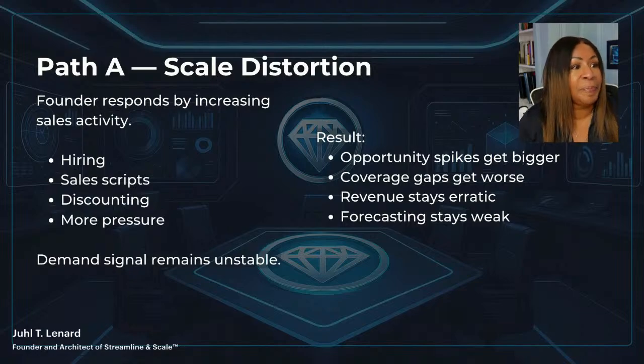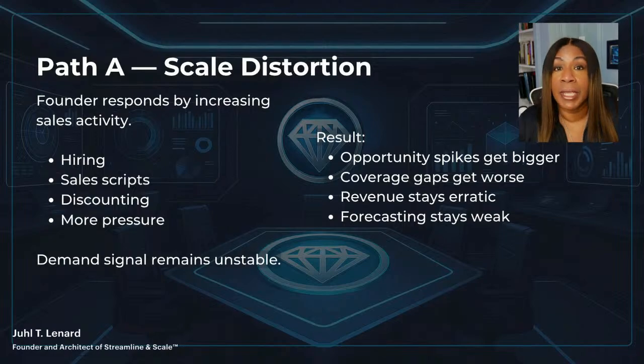Okay. So in path A, we're just going to scale the distortion. We're not going to make any changes. We're going to take those actions. We're going to deploy what the founder has identified, mostly sales fixes, right? So the founder in path A responds by increasing sales activity, hiring, scripts, discounting, more pressure.